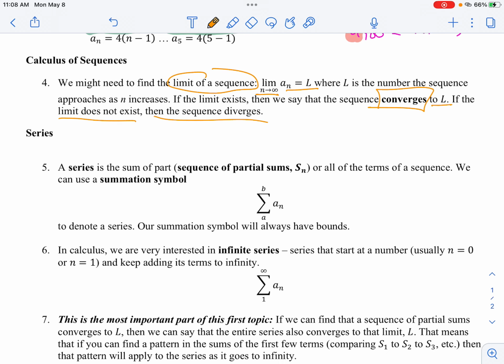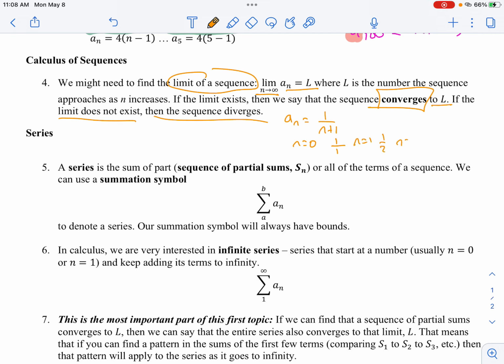So what would be an example of a sequence that would converge? Let's say we have a sequence defined by 1 over n plus 1. Let's start with the 0th term, and we get 1 over 1. Then the first term, we get 1 over 2.